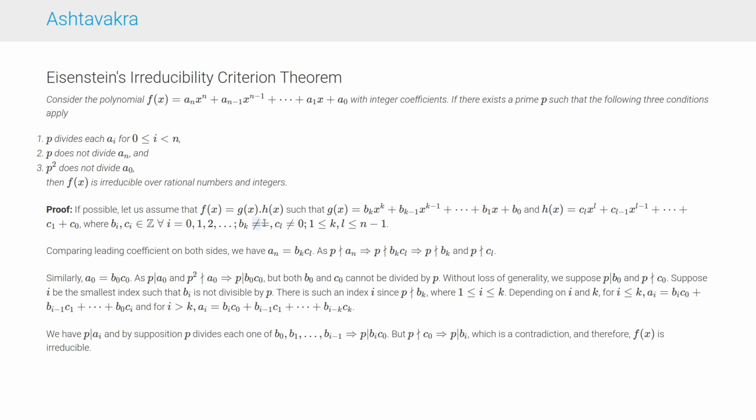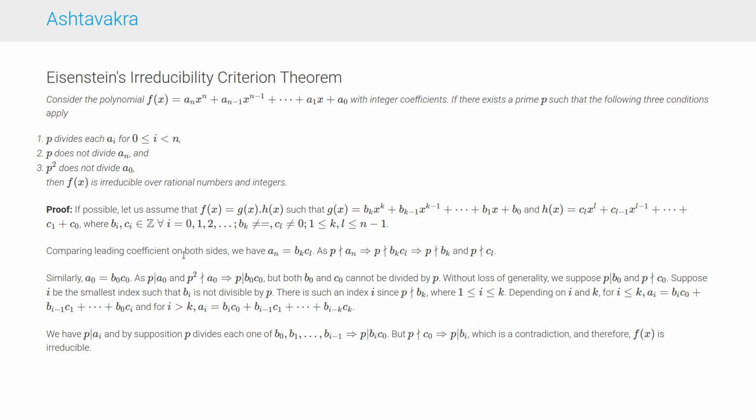Now k and l are both greater than or equal to 1 and less than or equal to n minus 1.